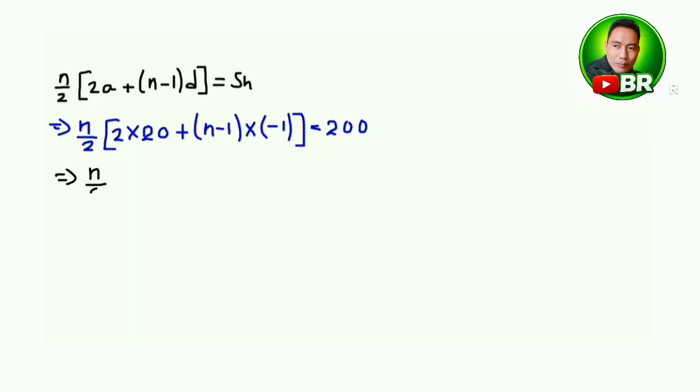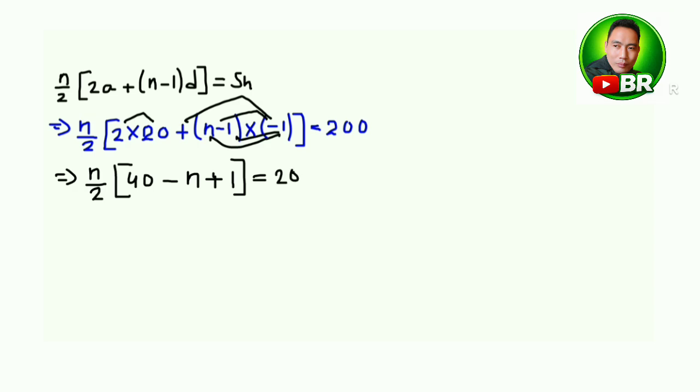Now n by 2 as it is, and 2 into 20 is 40, and plus n minus 1 into minus 1 gives minus n, and minus into minus, plus 1, equal to 200.